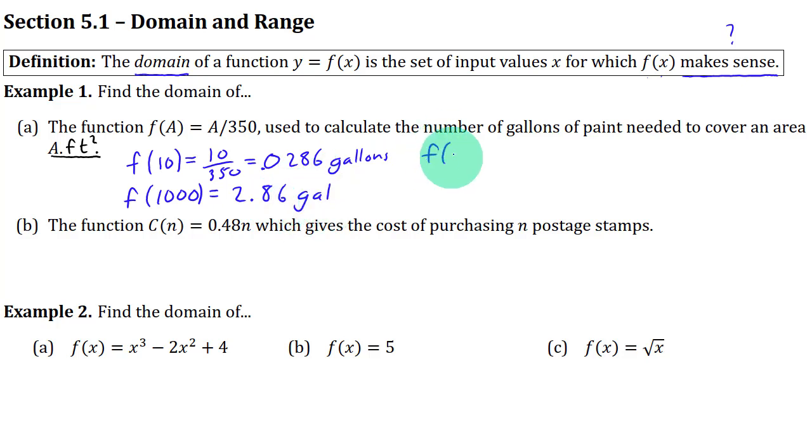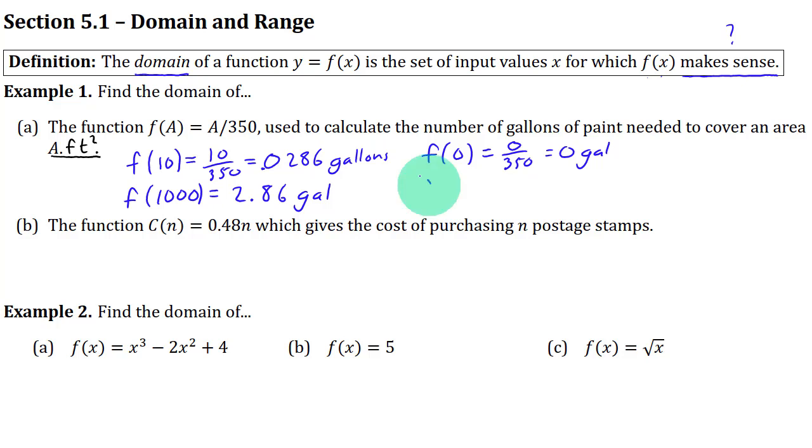You could do 0. 0 is a value of the input a, and that makes sense here. You're just going to get 0 over 350, which is 0 gallons. So if you need to cover 0 square feet, you can cover that with 0 gallons of paint. And the cost of it will be $0, and the distance you have to drive to go to the hardware store is 0 miles, and that's fine.